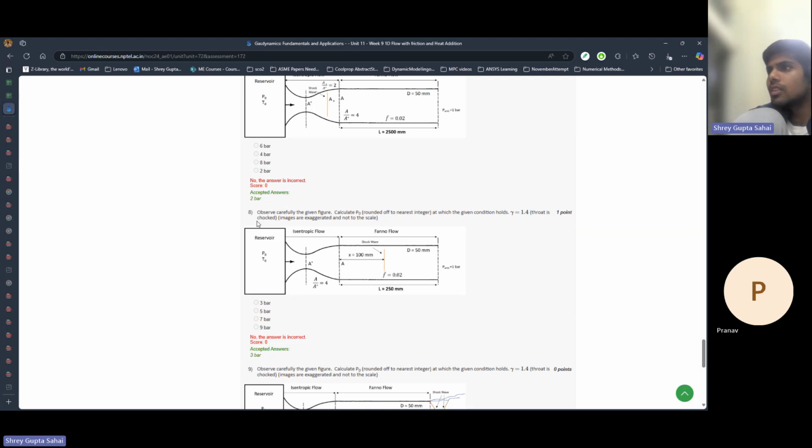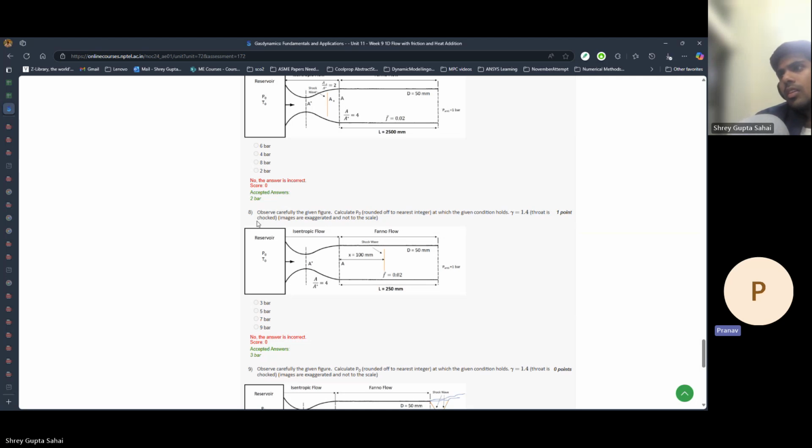Let's discuss it. What was your approach? My general approach is to consider the outlet from the rough pipe to be ideal, smooth. The exit pressure is 1 bar, equal to ambient pressure.